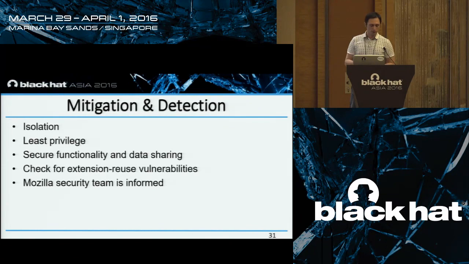In addition, we also contacted the Mozilla security team and informed them about these vulnerabilities. So now they have educated their vetters, and we don't expect to see this kind of attack in the wild anymore, but there is always human error in the process.